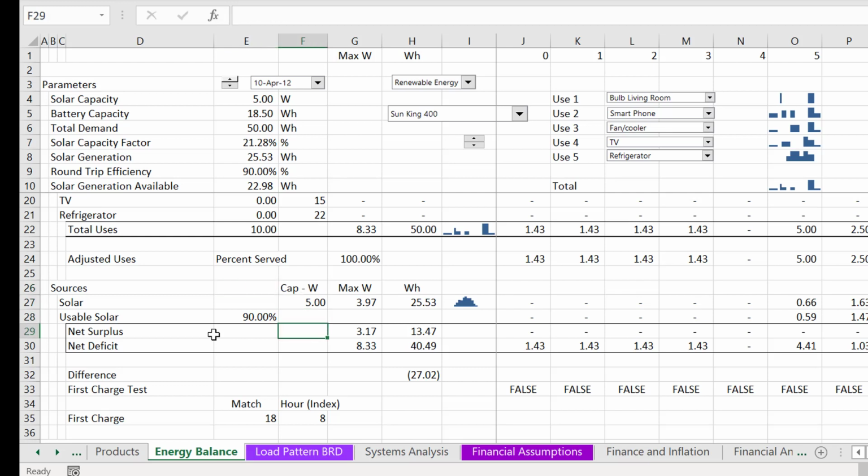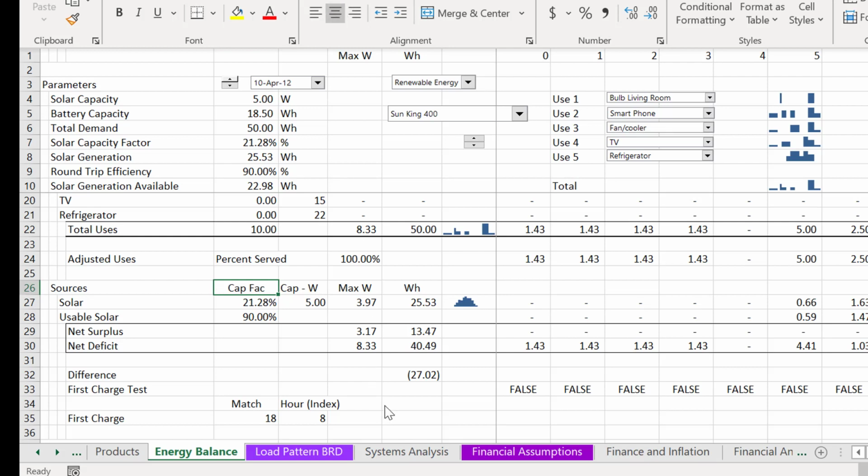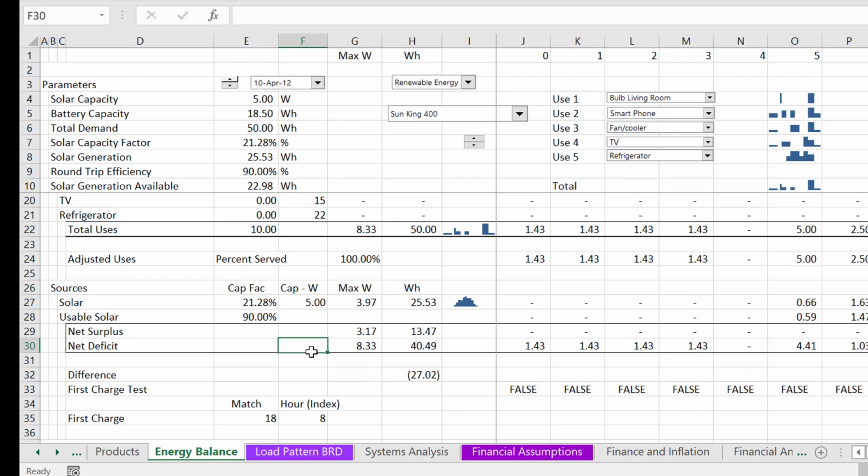But if we take this and divide it by 24 and then divide it by our 5, that's our capacity factor for the day. That's not very good, but I'm just going to do that to remind myself of what it is.